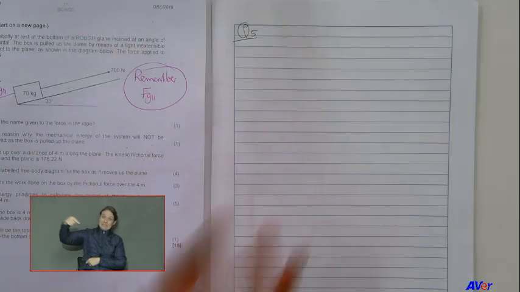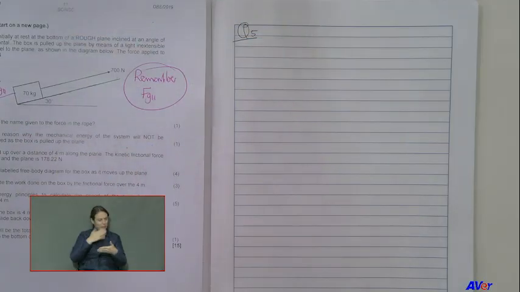FG parallel is always down the slope, it can't be up the slope, because otherwise it means if I release my car brake, it will go uphill by itself. It's not going to happen. Okay, FG parallel, down the slope. Please remember, so I don't know what's the rest of the question, but that is the part that I must do.